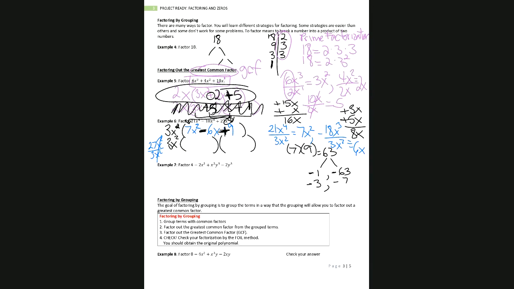I'm sorry, that's not right. So what is 63 divided by 3? Is that 21? I think so. Or 63 divided by 7, and we will get negative 9.